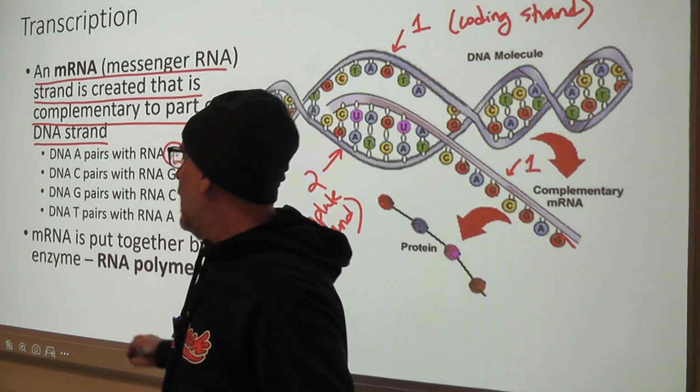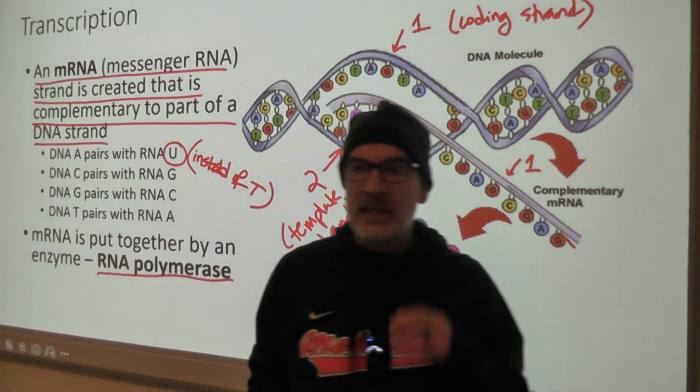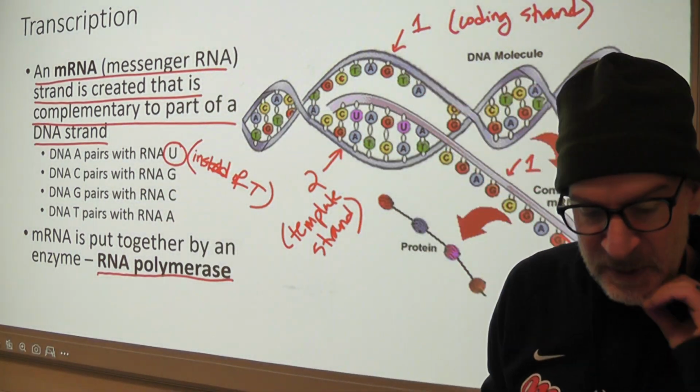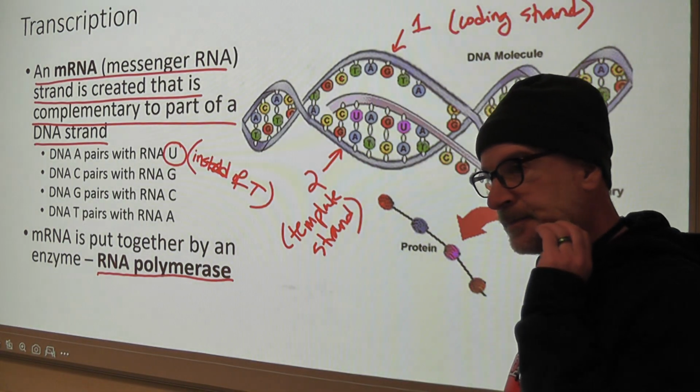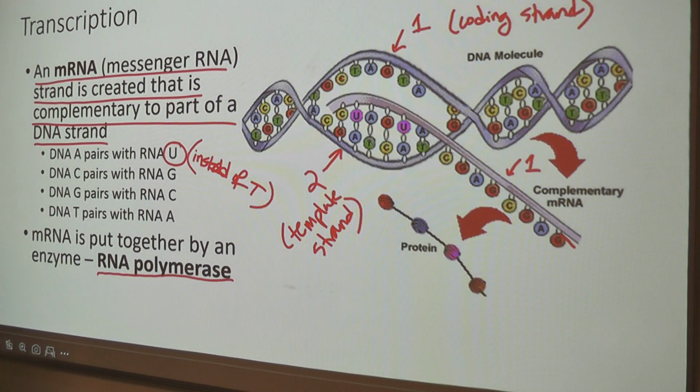And just like when DNA is replicated, there's an enzyme that does the actual attachment. That enzyme is called RNA polymerase. DNA is put together with DNA polymerase. Polymer is a chain of similar building blocks. Polymerase is an enzyme that builds polymers.